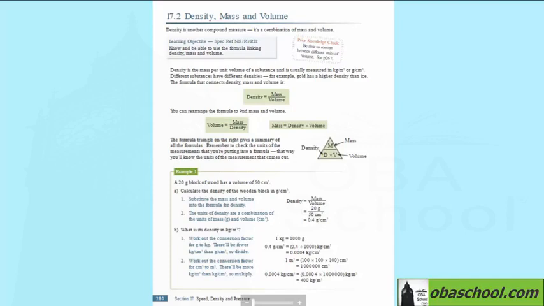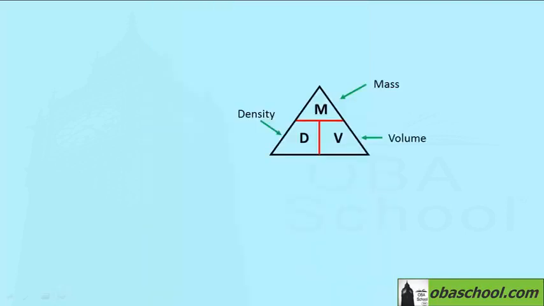To better visualize, understand, and memorize the relations between density, mass, and volume, and learn their formulae, let's thoroughly examine the following formula triangle that summarizes all formulae including density, mass, and volume. So this triangle is similar to the one that summarizes the formulae of distance, time, and speed.